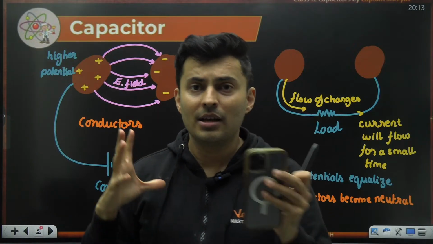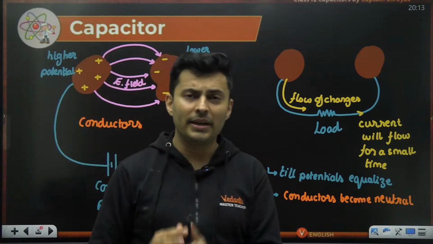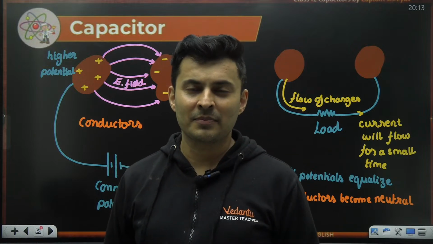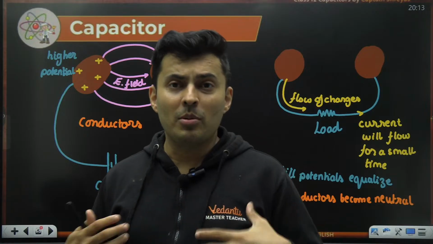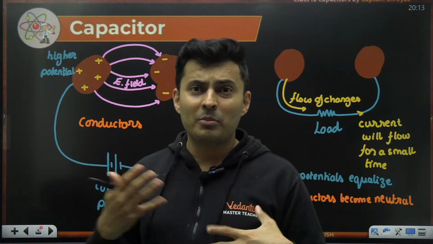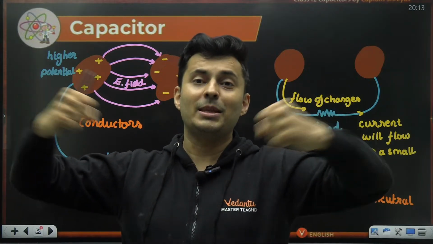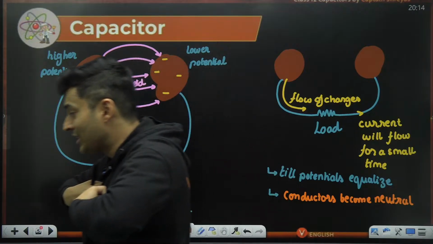So wherever you generally need a sudden surge of current for a small time, you will use these capacitors. You might also have seen in some movies that some person is dying or having some kind of attack, and they take two electrodes and place them on the chest. Yes, the defibrillators, right?